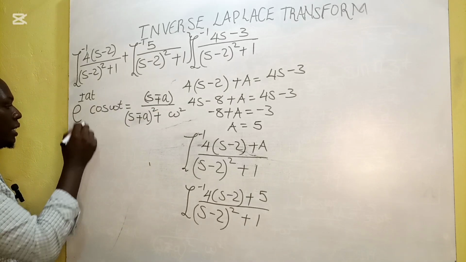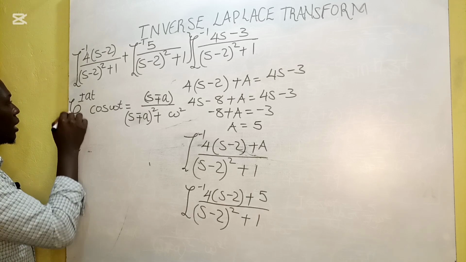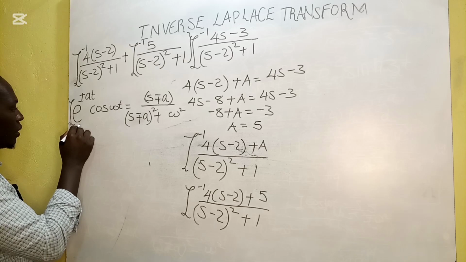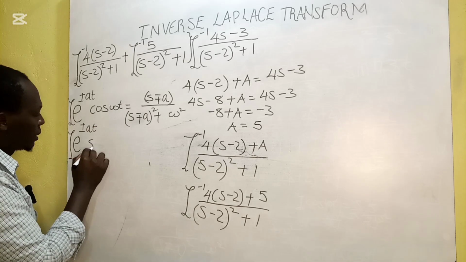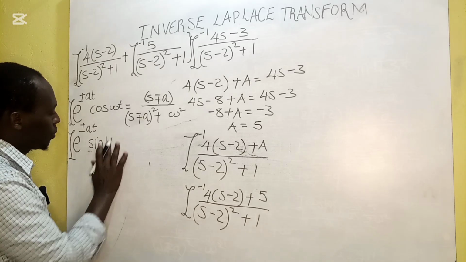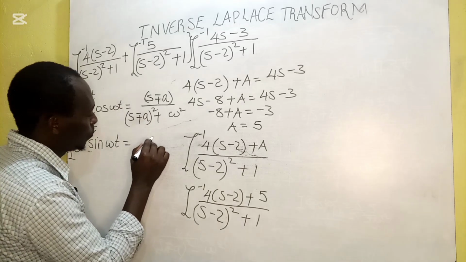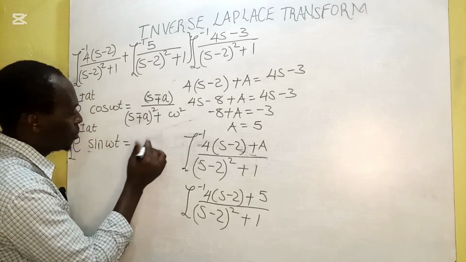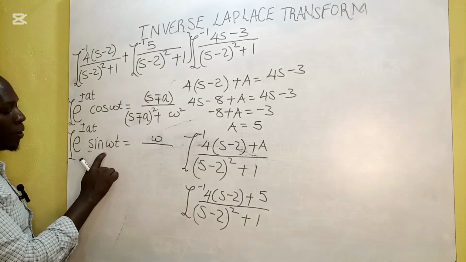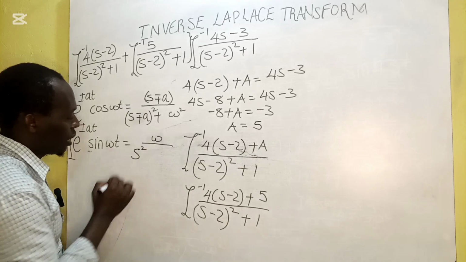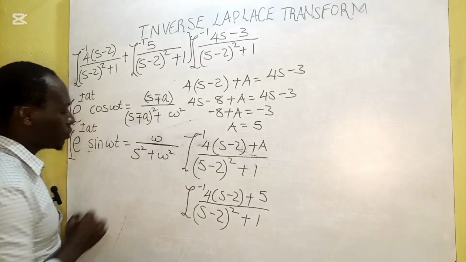Let us check on the sign. These ones are the Laplace transform of this function. The Laplace transform of e to the at sine our angle t will be equals to our angle lambda all over s squared, we add to our angle squared.